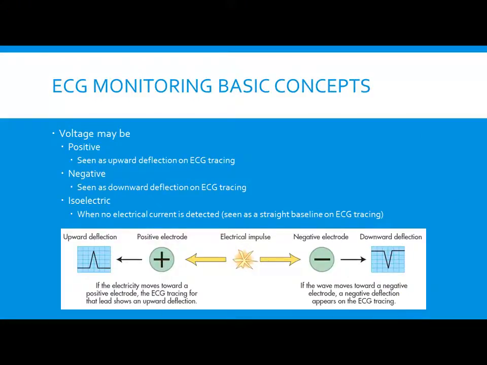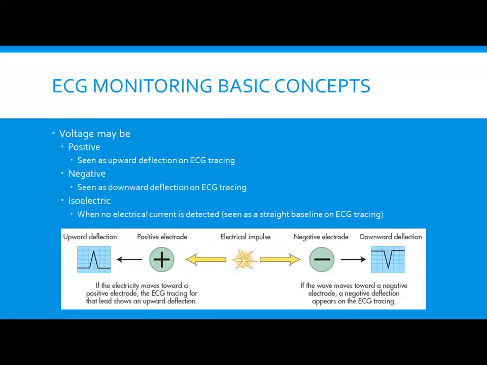Now there's another term when it comes to looking at your strip. That is the isoelectric line. The isoelectric line is going to represent the cell's resting potential. When we see the line, a black line, flat, we're going to see that the cell is not having any type of depolarization occur.